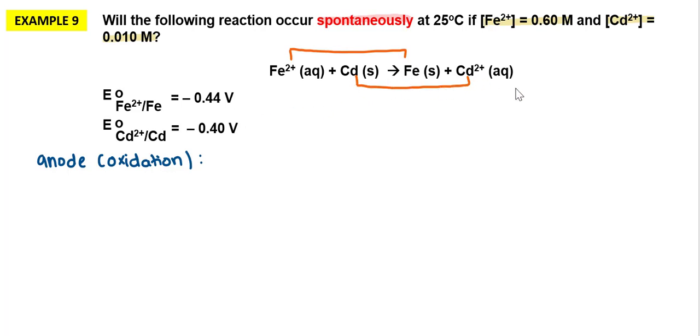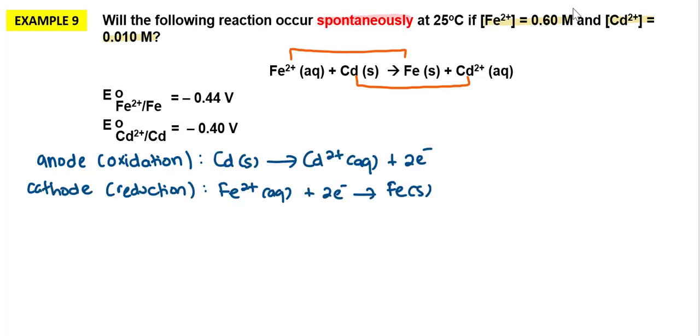So cadmium will undergo oxidation, while for the iron, the oxidation number is reduced. So iron 2 plus ion will undergo reduction. So the number of electrons involved in this reaction is 2, right? So our n is 2.